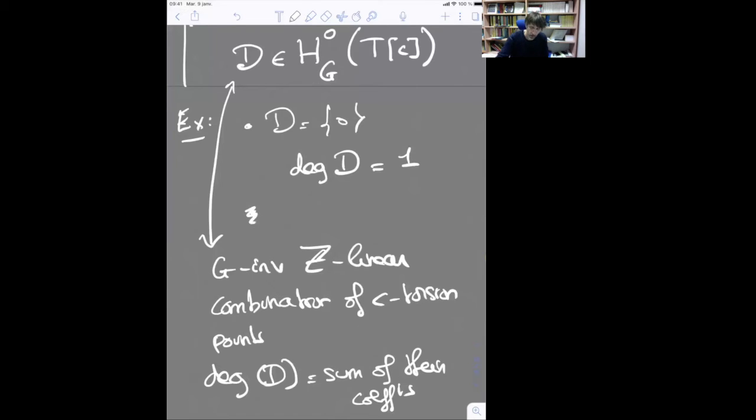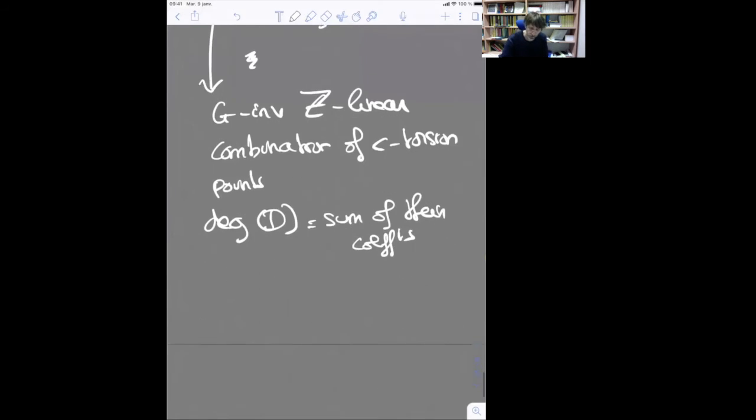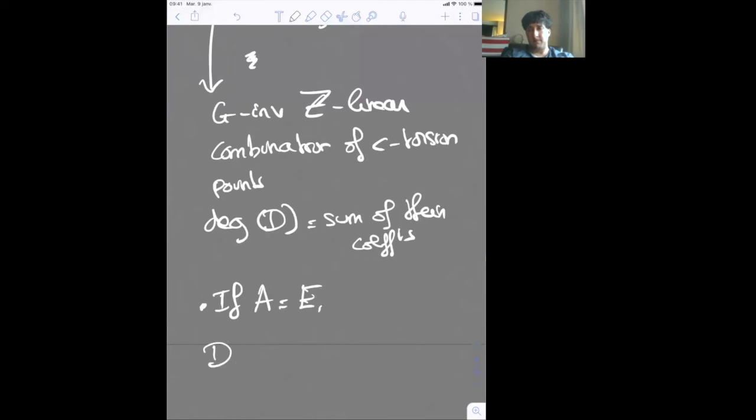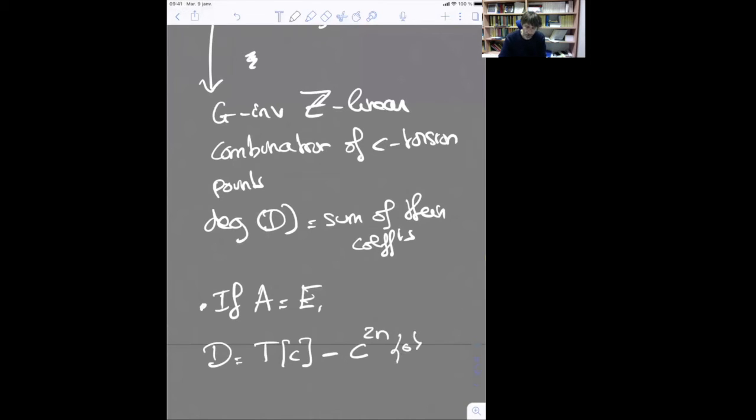So let me say it here. Let's say in the case A equals E, then we can consider all the c-torsion points minus a certain multiple of the zero torsion point. Since in the case A equals E the fiber is 2n-dimensional, I take c to the 2n times the zero torsion point.